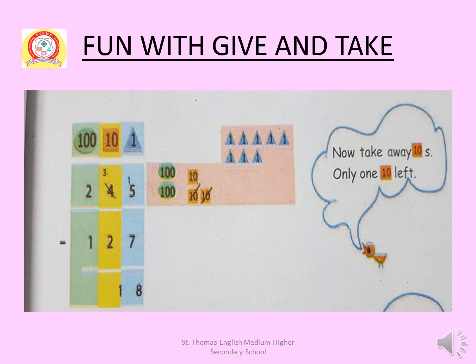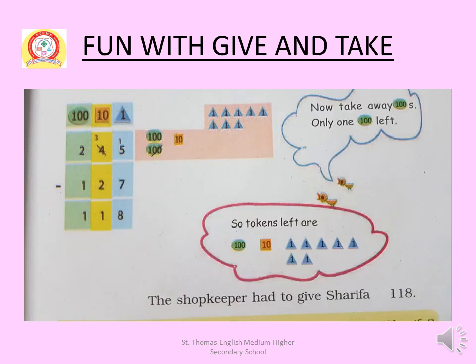Similarly, in the tens column, you strike off 2 tokens from 3 tokens and get 1 token. So write 1 in tens column. Similarly, in the hundreds column, you strike off 1 token from 2 tokens and get 1 token.